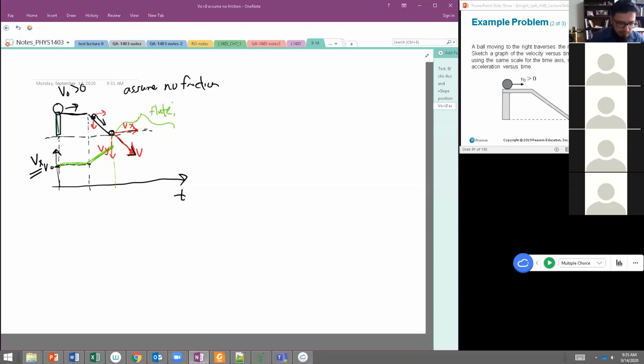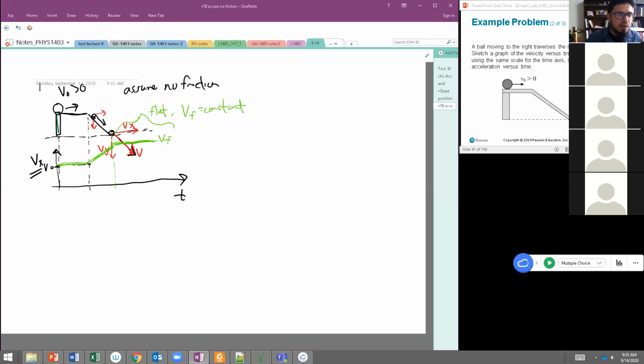So that new velocity, which we'll call the final velocity, is a constant. It's not changing anymore. And so for the rest of this motion, we get this nice horizontal constant velocity we can call the final velocity. So that's how the velocity in the x direction would change.